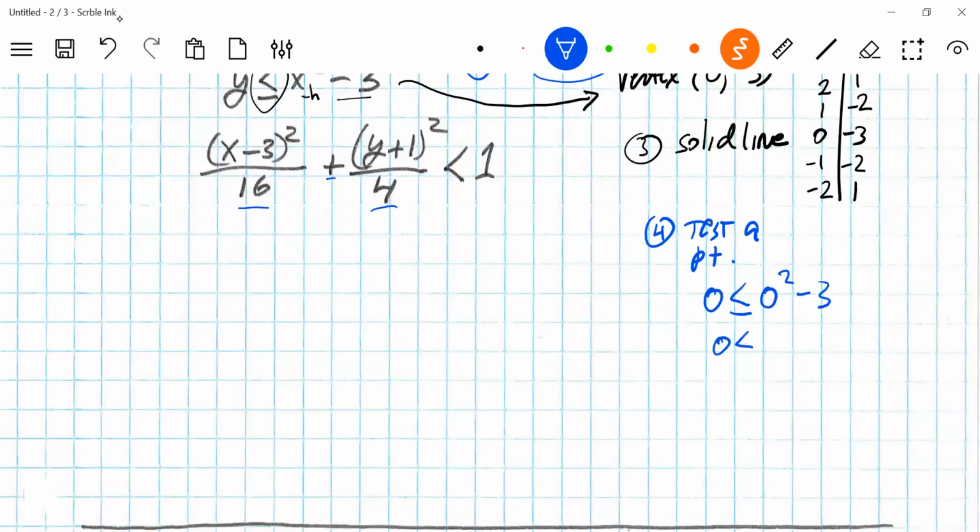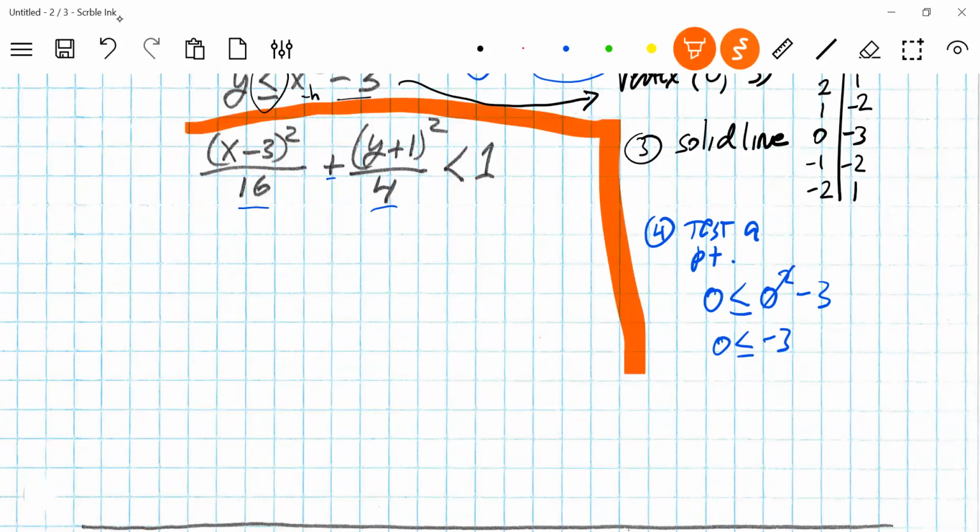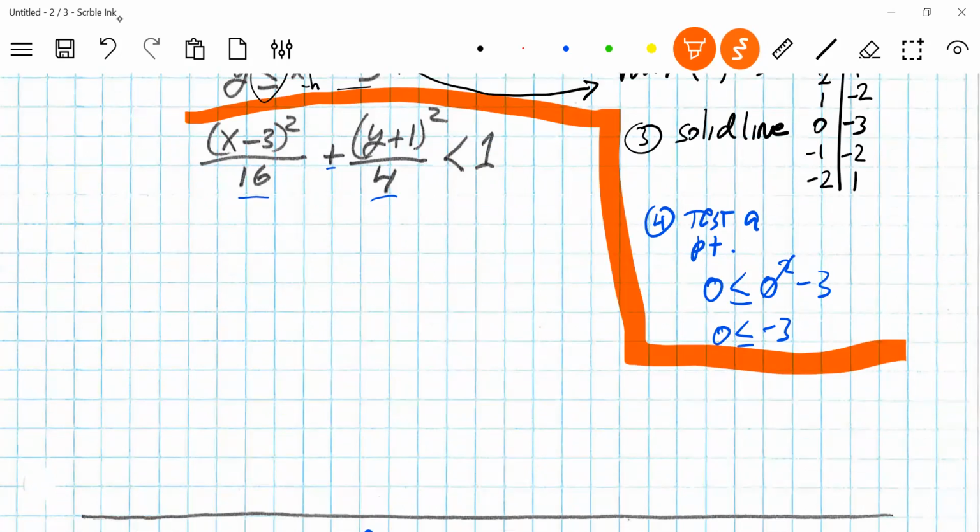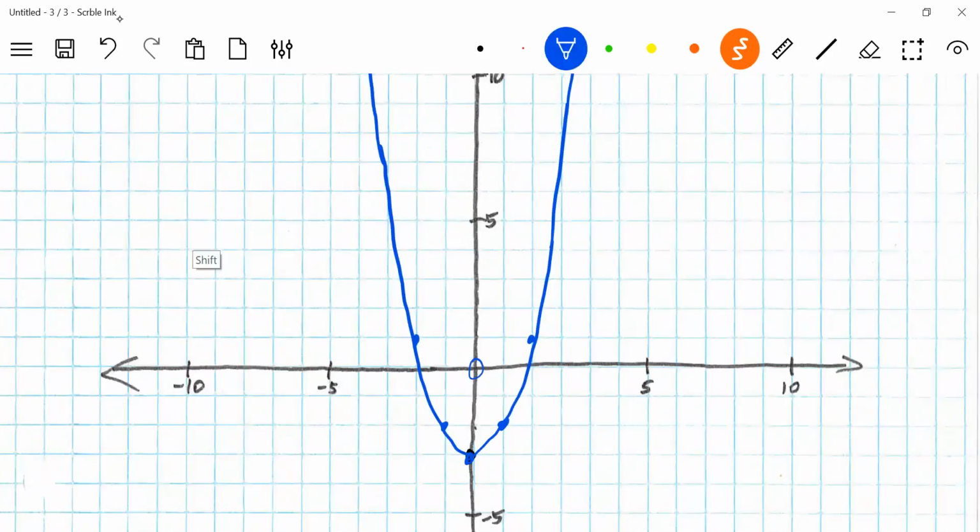Well, that's 0 less than or equal to, that goes away. 0 is not less than or equal to -3. All right, so that tells me that the shading for that is going to be all on the outside here.